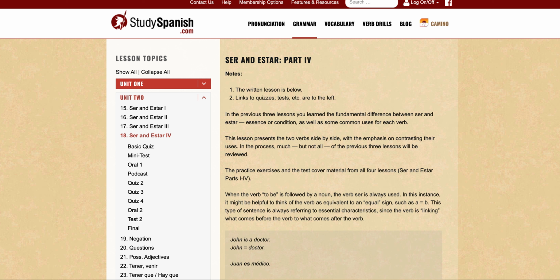the verb is followed by a noun, the verb ser is always used.